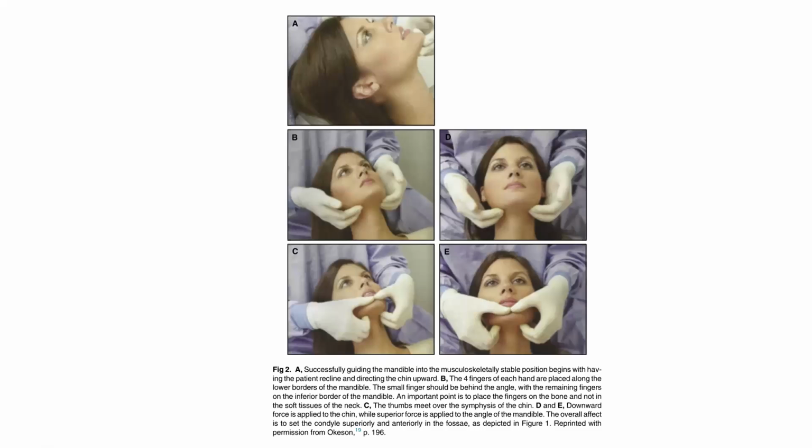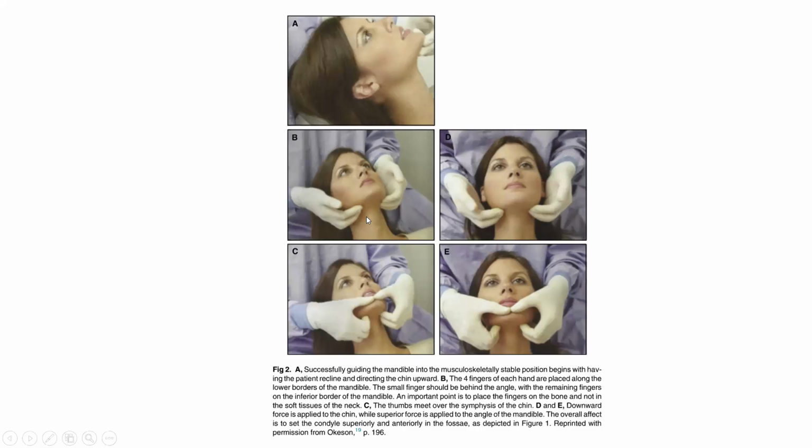In order to locate the most anterior superior position, there is a procedure which should be followed. The patient is told to sit in a reclined position, and the chin should be directed upward.